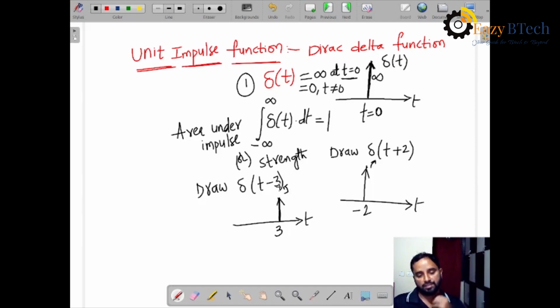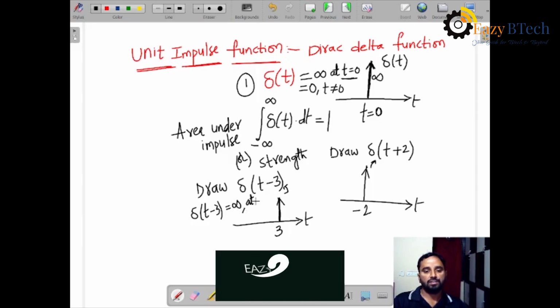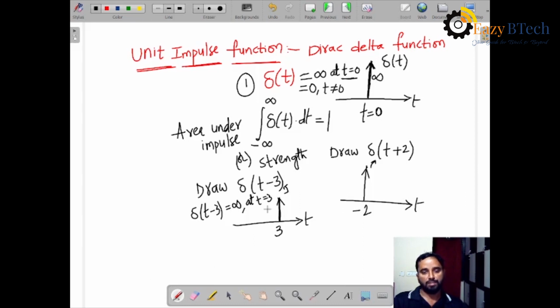How to write del of t minus 3 mathematically? Del of t minus 3 is equal to infinity only at t equal to 3, right? At 3 we have the impulse, and the impulse amplitude is infinity. And del of t minus 3 is 0 for t not equal to 3. This is the mathematical way of writing the definition.